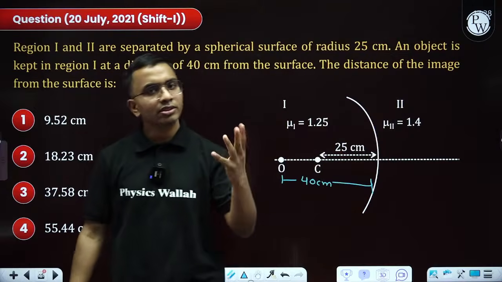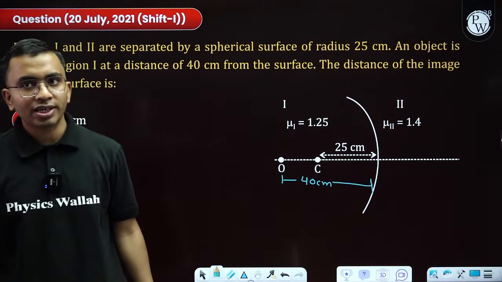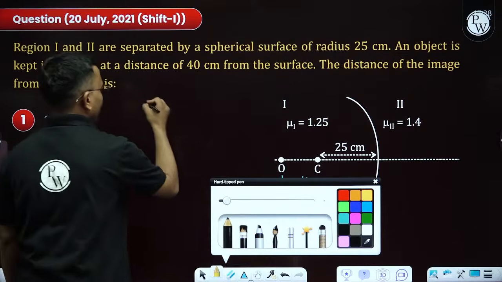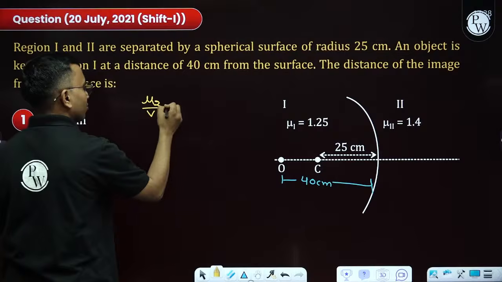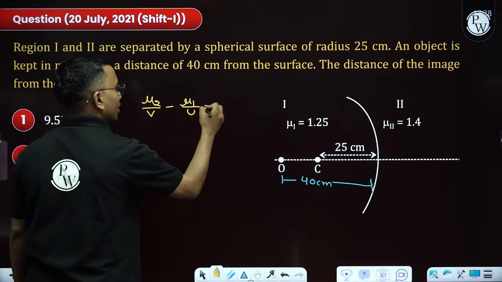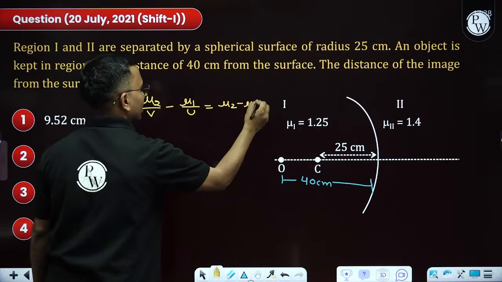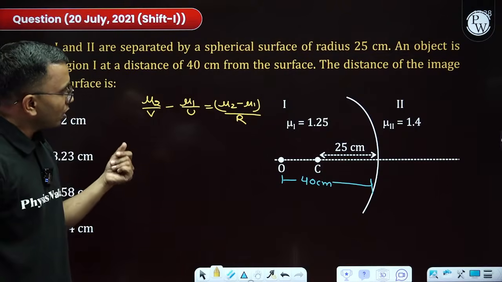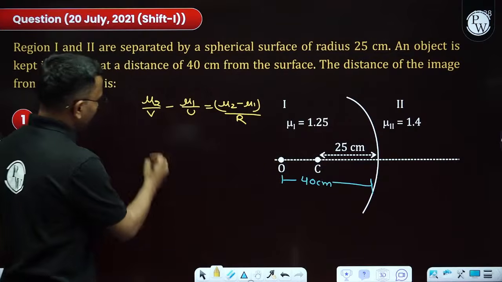How to solve this? Just use the formula for refraction at a spherical surface. Mu 2 by V minus mu 1 by U is equal to mu 2 minus mu 1 divided by R. This is how we use it. Just put the values. What is mu 2? 1.4.